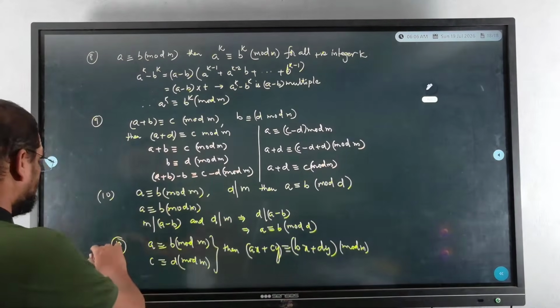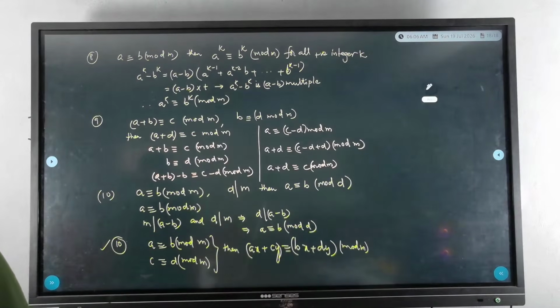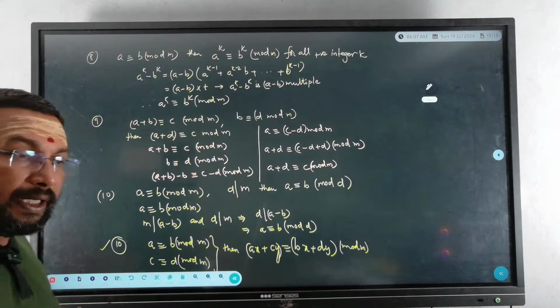By using the above properties, we can make it a standard result. Completed?